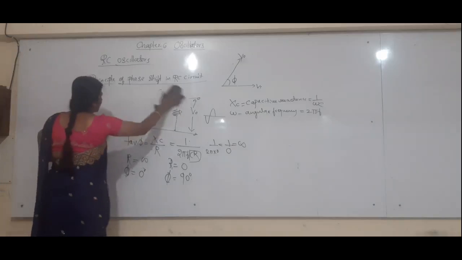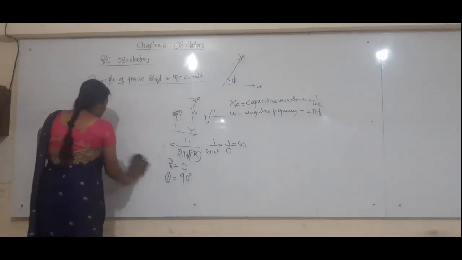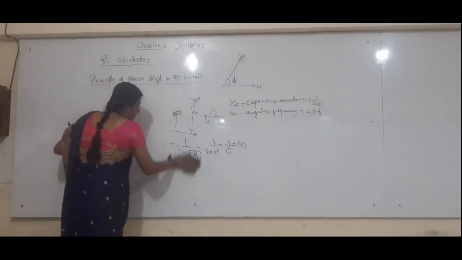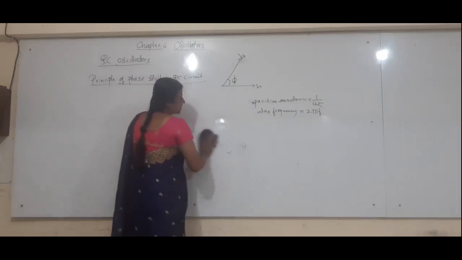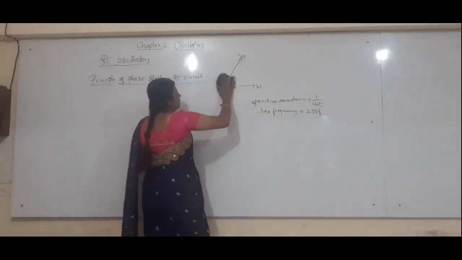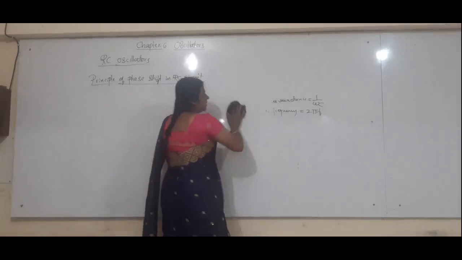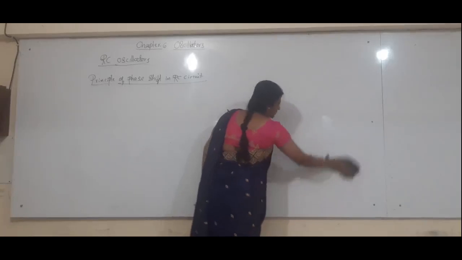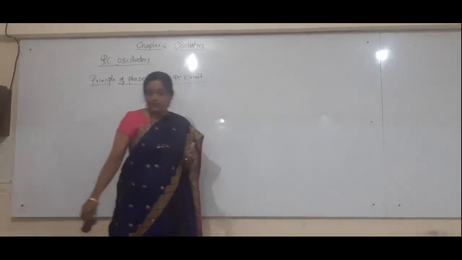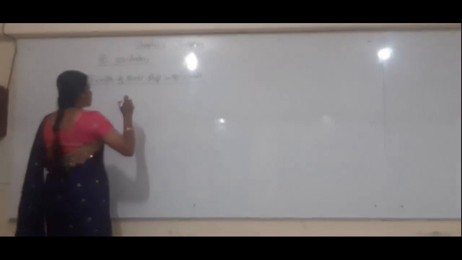This concept is needed in order to generate the 180 degree phase shift in the feedback circuit. Why are we studying this? Because this concept is useful in an RC phase shift network, where a 3 section RC network is going to be employed.